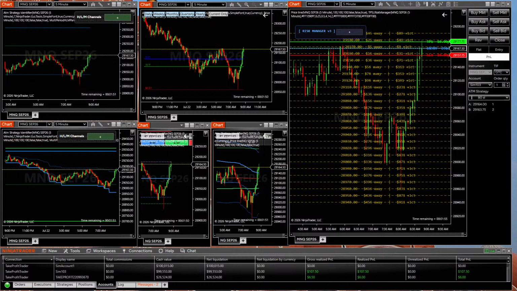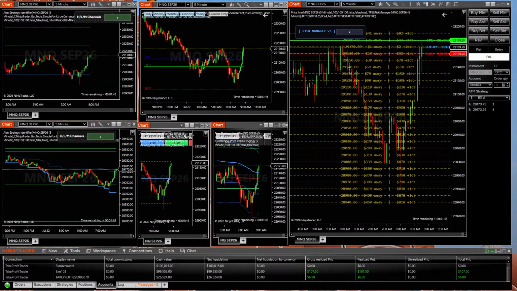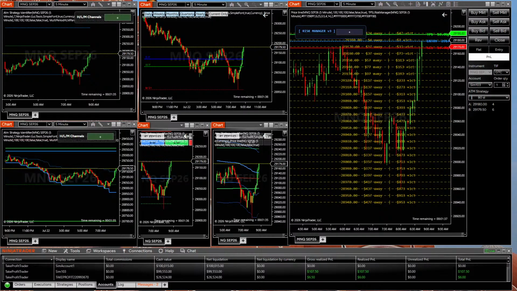All right, so next target will be around 250s, 240s. All right, so we're right here at the value high. We could be going up here, 220s.